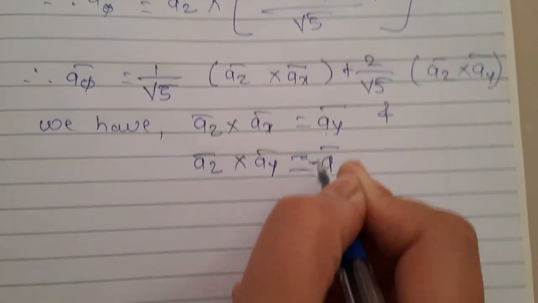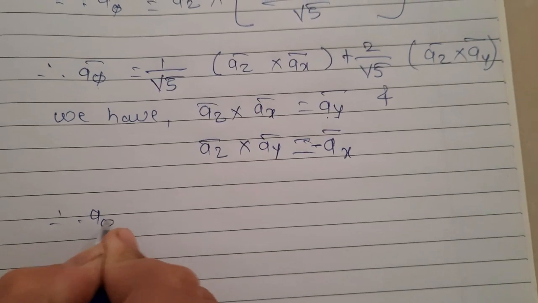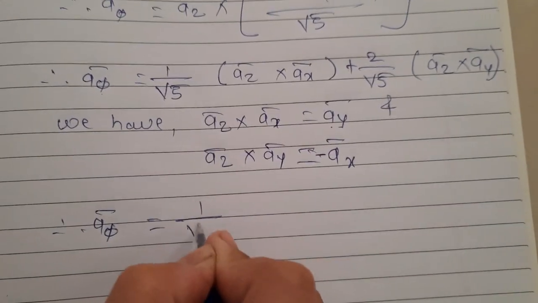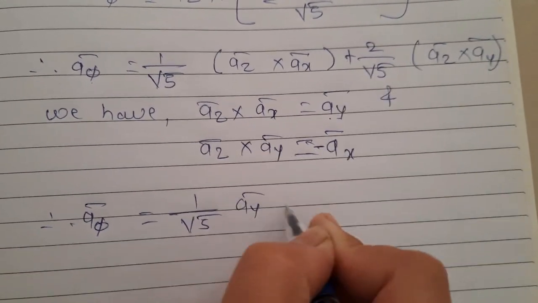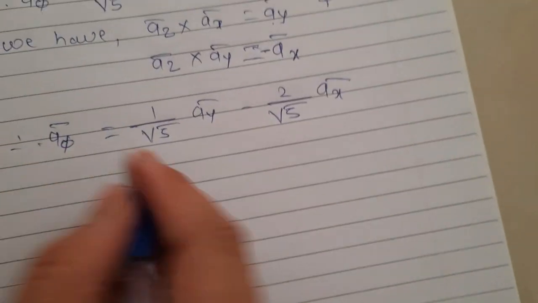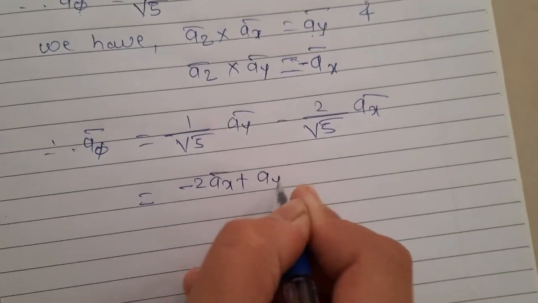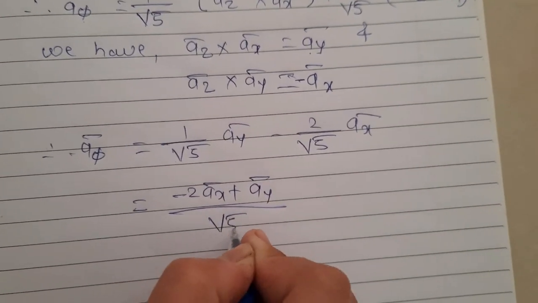So we know that for the cross product, we replace these values, it is ay bar minus 2 by square root of 5 ax bar. So the equation is (minus 2 ax bar plus ay bar) divided by square root of 5.